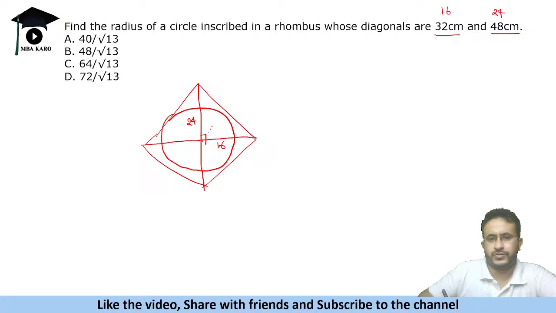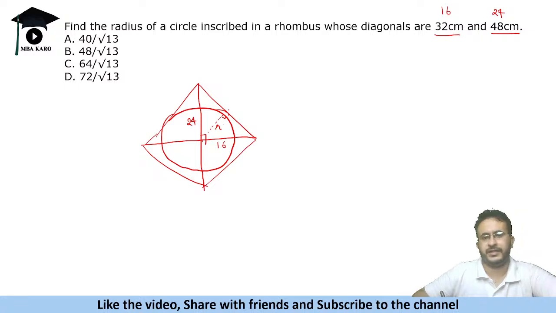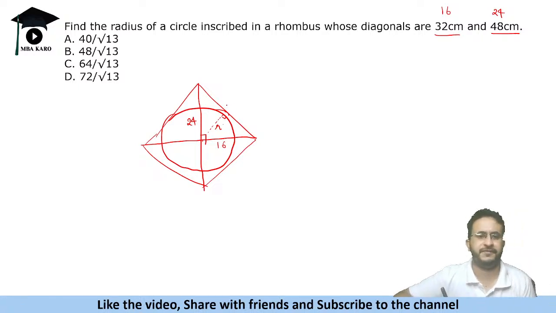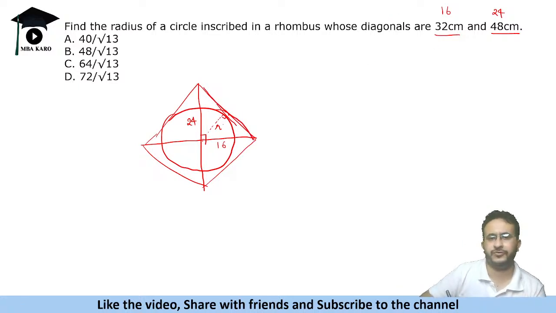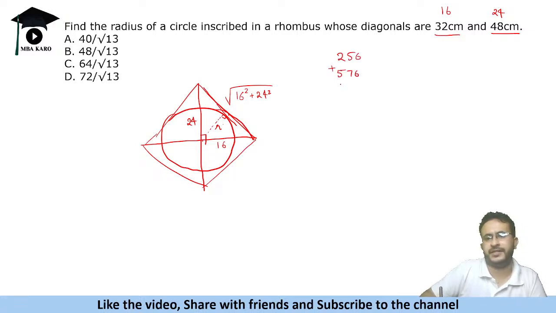So we need to find the radius of this circle. If this is the circle, this is going to be the radius r. Let us find the side of the rhombus. 16 and 24 are these, so this is going to be under root 16 square plus 24 square. 16 square is 256, 24 square is 576.